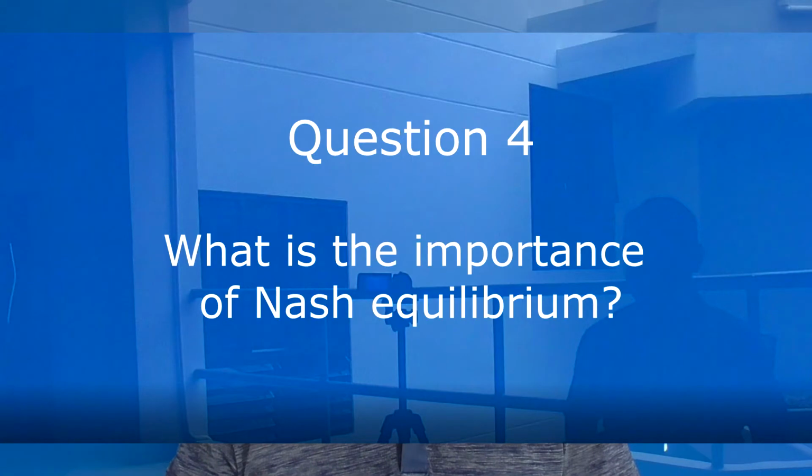Question number 4. What is the importance of Nash equilibrium? Nash equilibrium is the result of game theory. It is the solution of the game. It means that the game will end up at that point. If we have just one Nash equilibrium, then that is the solution of the game. However, what if we have many Nash equilibriums?